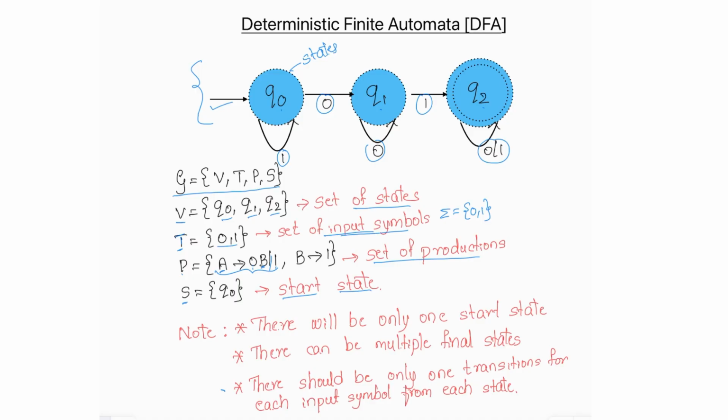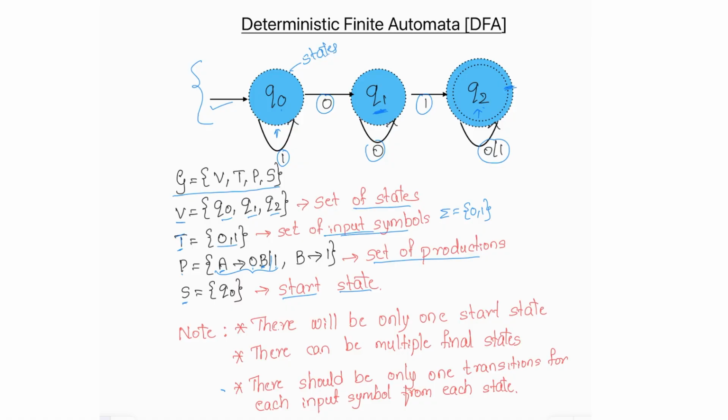Then Q1 is called the intermediate state as it is between the start state and the final state. Hence Q1 is called the intermediate state, and there can be multiple intermediate states, depending upon the problem. Next is Q2. Q2 is the final state. The final state is always represented with two concentric circles.